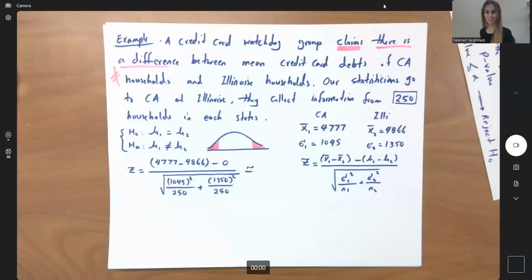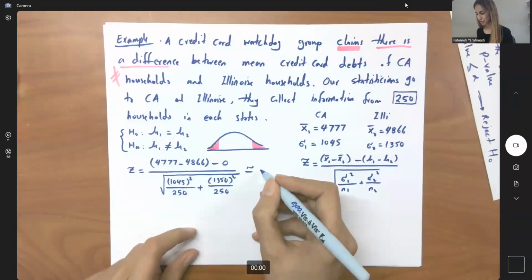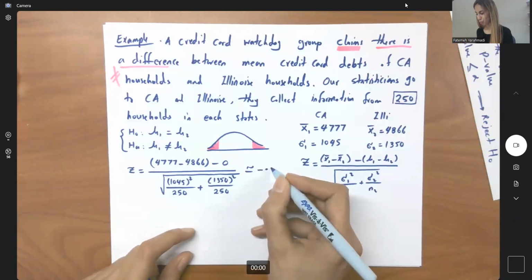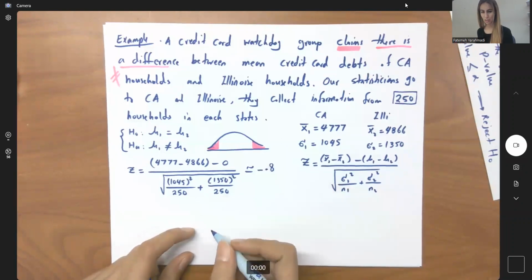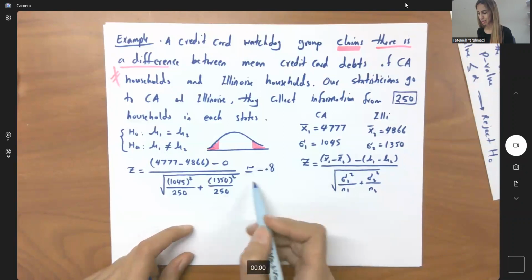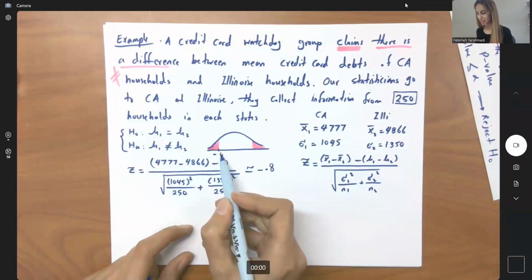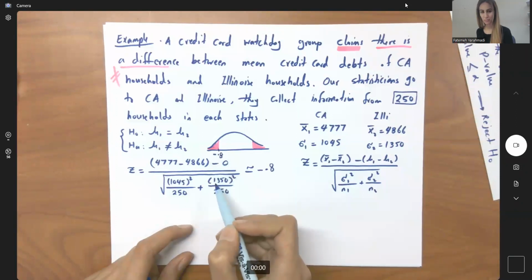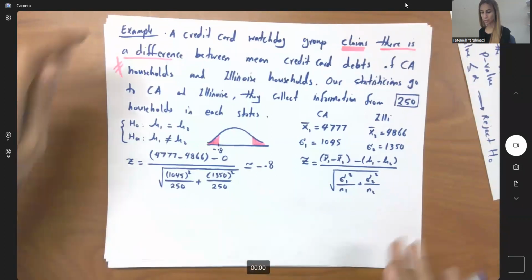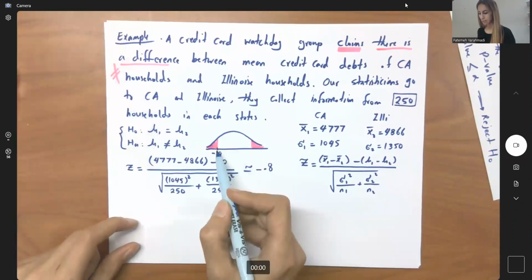So as you calculated this correctly, it's about negative 0.8. So this says, hey, your standardized test statistic, negative 0.8, is right here. Very good.